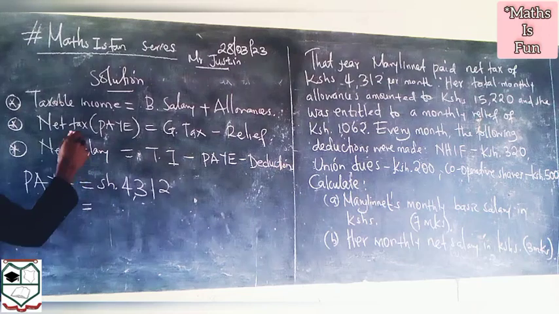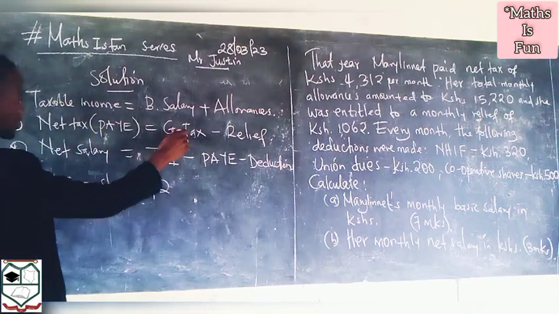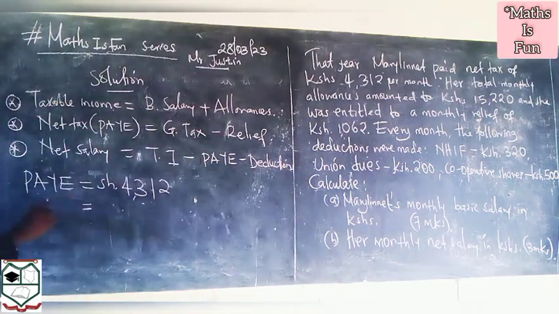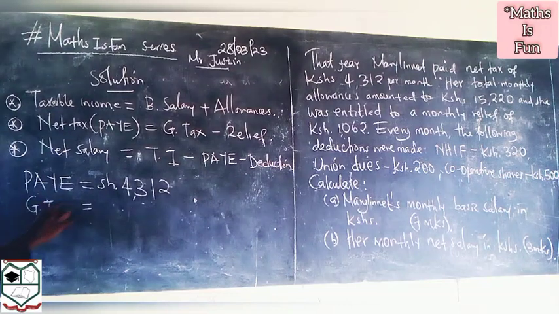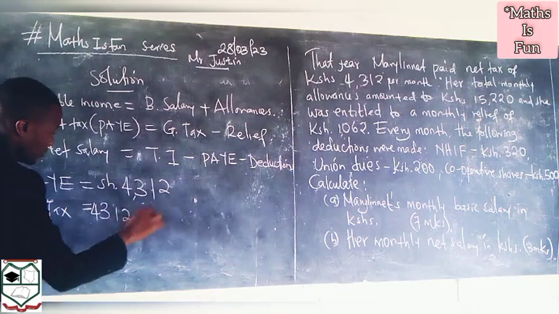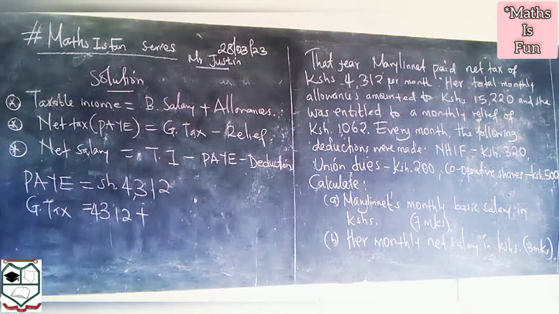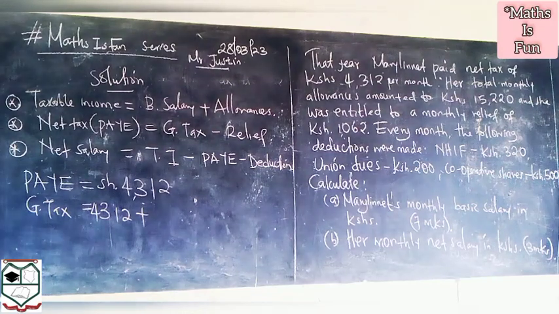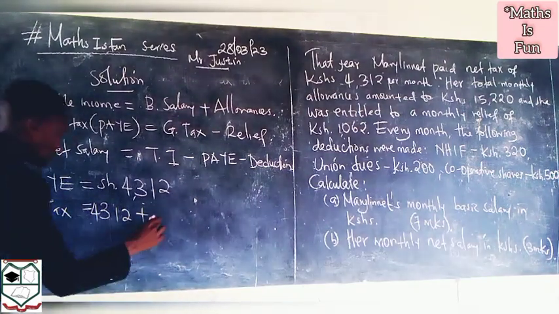From this formula, pay is gross tax minus relief. So definitely gross tax is going to be pay plus the relief. Relief given there is 1062.